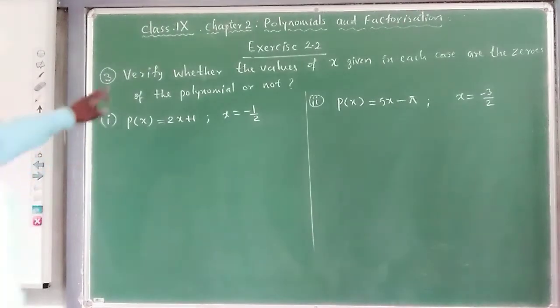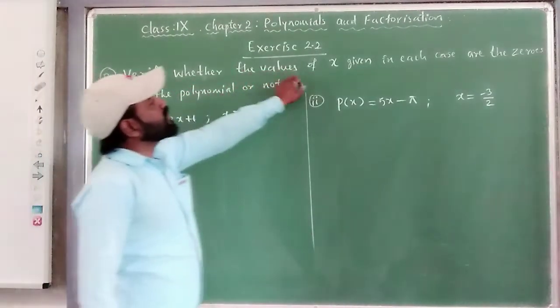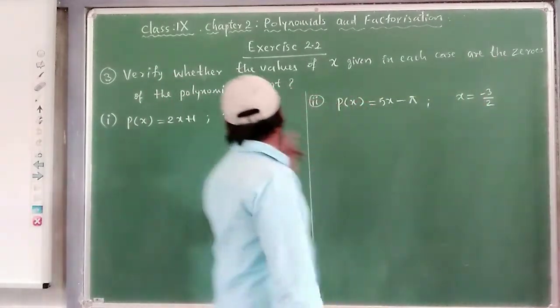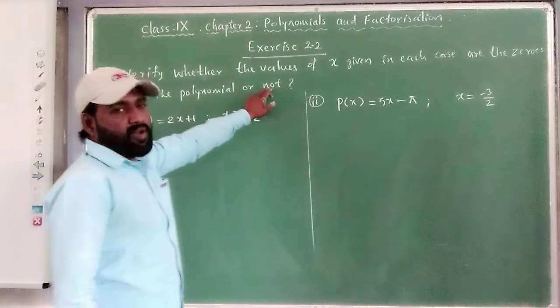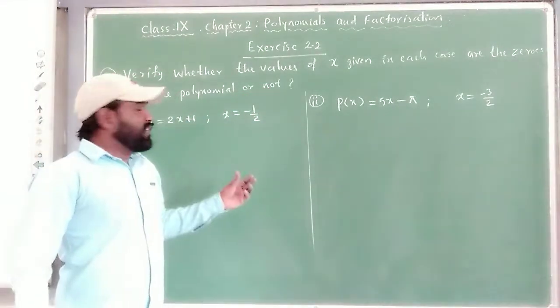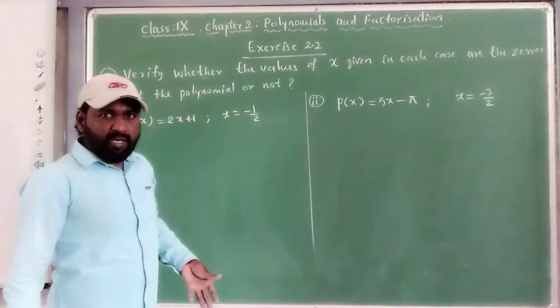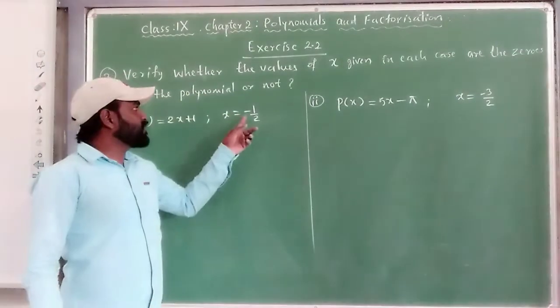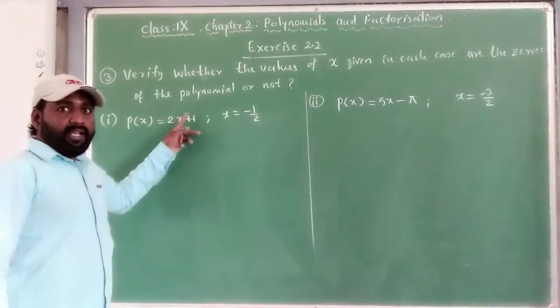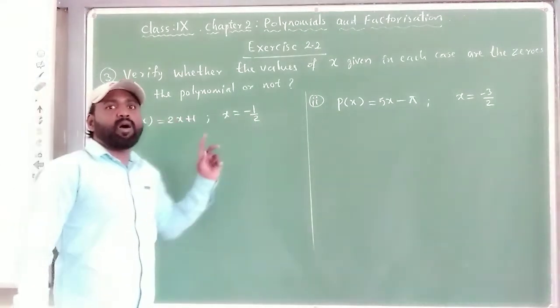Question number 3. Verify whether the values of x given in each case are the zeros of the polynomial or not. See, some polynomials are given under this. Whatever the variable involved in that polynomial, that variable's value is also given. When you substitute this value in the polynomial, is it becoming completely 0 or not?